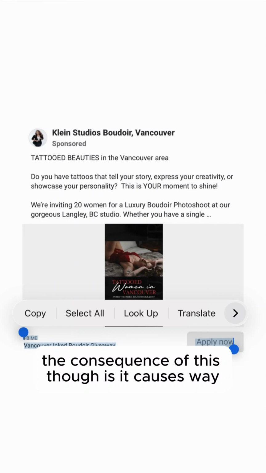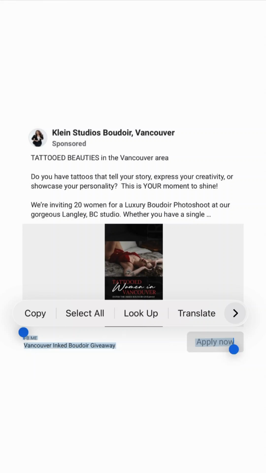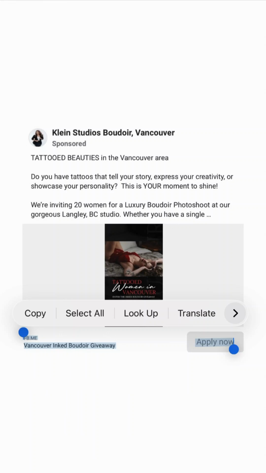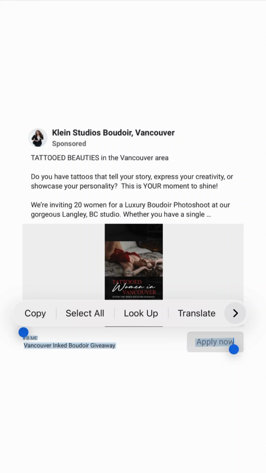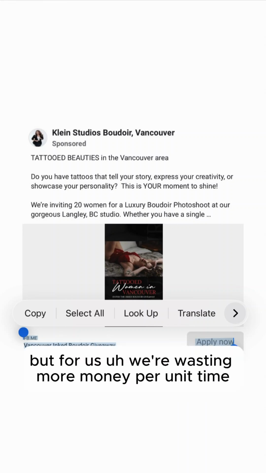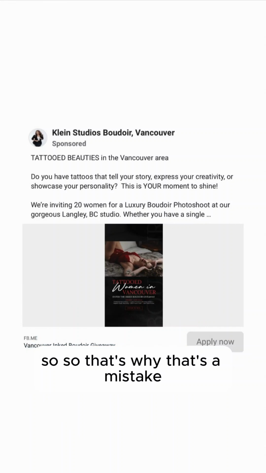The consequence of this, though, is it causes way more women to scroll by our ad and not actually click, so our ad never gets into their brain. But Facebook likes that because it can serve more ads per unit time. But for us, we're wasting more money per unit time. We're getting less money per unit time. So that's why that's a mistake.